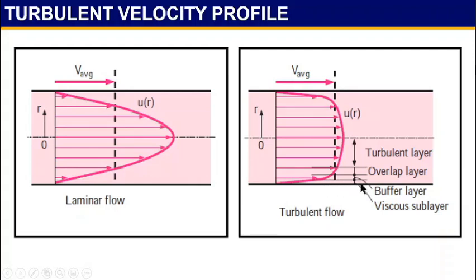If the pipe inside is a rough wall, the viscous sublayer may be a little bit thick. Then we have the buffer layer, and then we have the overlap layer and the turbulent layer.